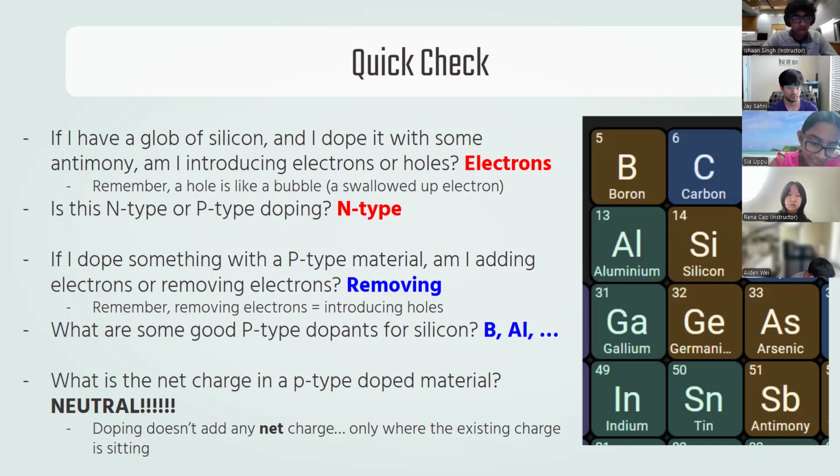But the actual element that we're adding still has protons and electrons, so the net charge of that material is still neutral. It's very important to remember that. The p-type and n-type material are normally still electrically neutral, even though there are some free-floating electrons and free-floating holes in the material.